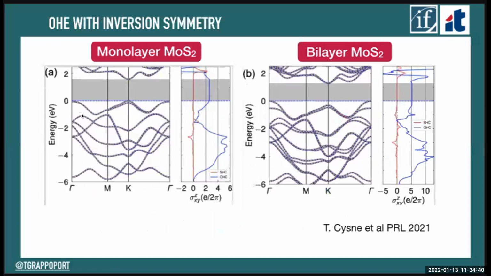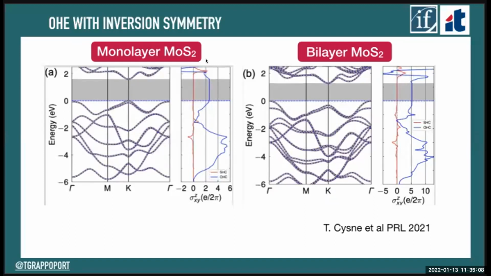An easy way to solve this issue is to calculate the orbital Hall effect in a bilayer MoS2, because bilayer MoS2 is centrosymmetric. So this is the spectrum of the monolayer, this is the spectrum of the bilayer. In this case, we are not using the 3 bands model, but we are using DFT calculation.